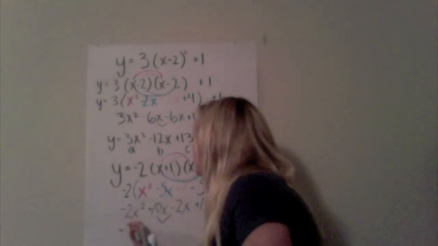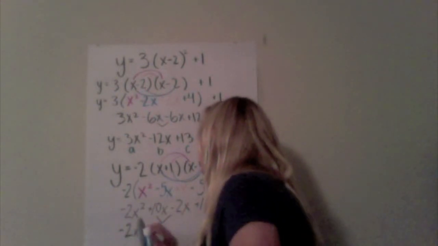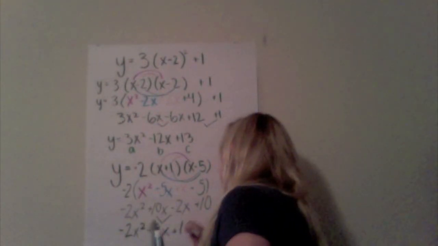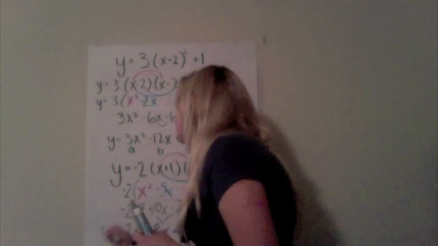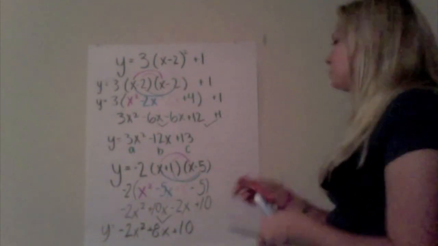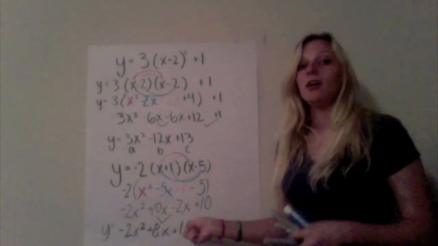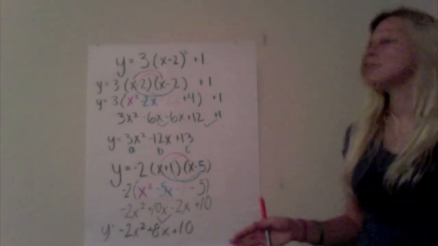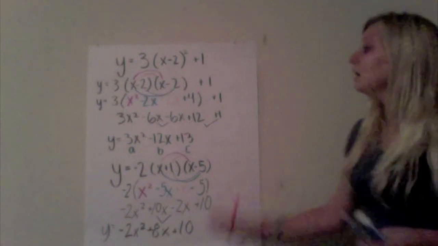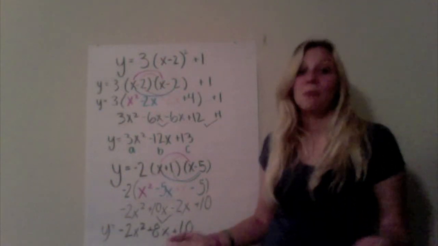So we have negative 2x squared plus 8x plus 10. And now this is in the form that we want because we have our A, our B, and our C. So that shows you that it's really easy to move from either your vertex form or your intercept form into the standard form as long as you remember to FOIL.